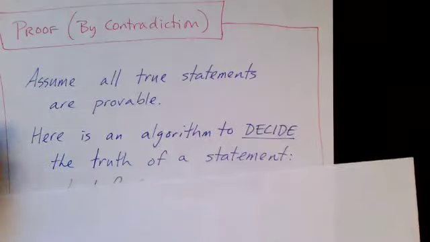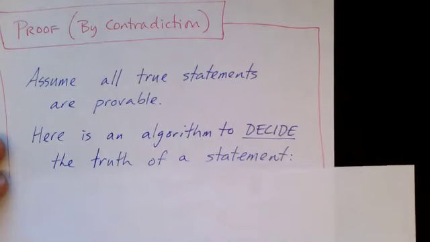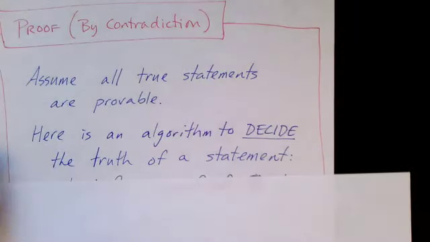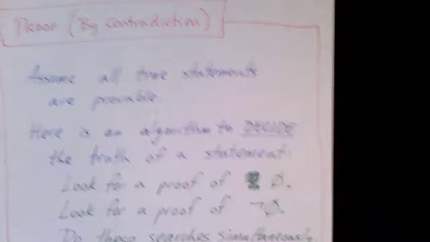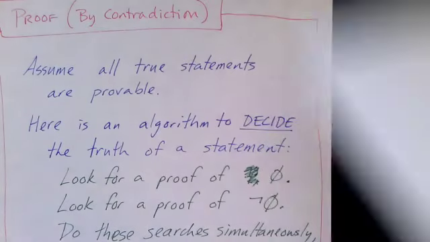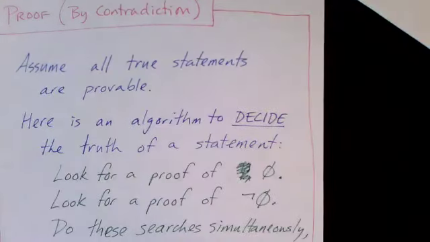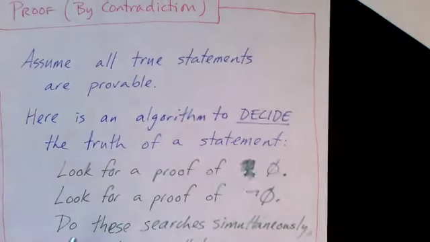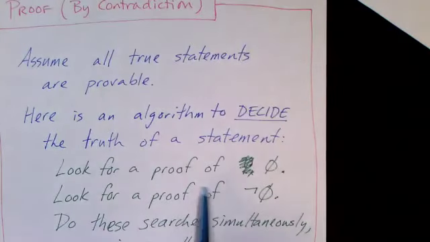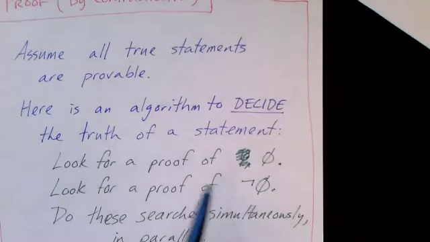So if we want to know whether a statement is true or not, here's an algorithm that will decide the truth of a statement. Okay. And of course we know that the set of provable statements is undecidable. But here, let's go forward.